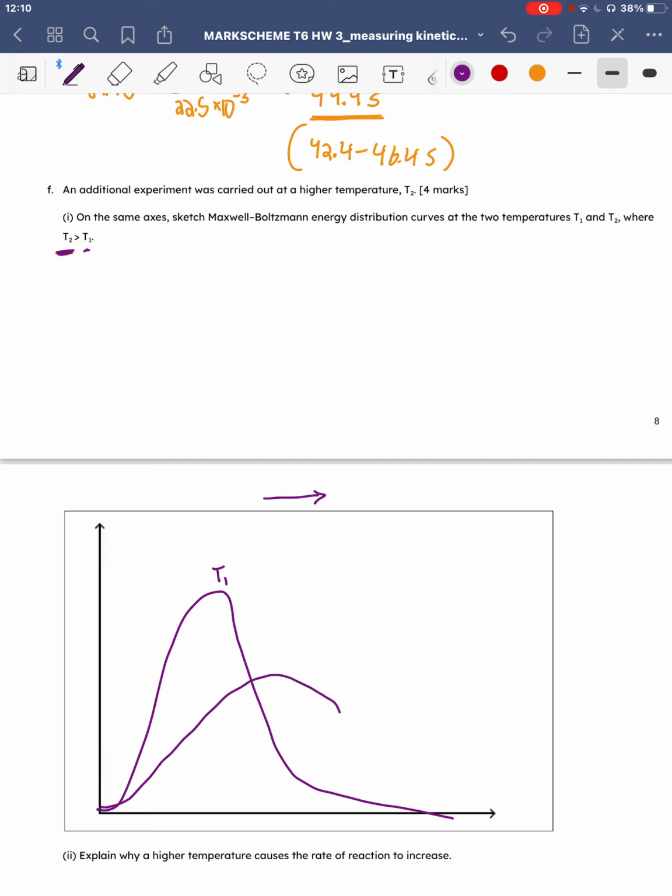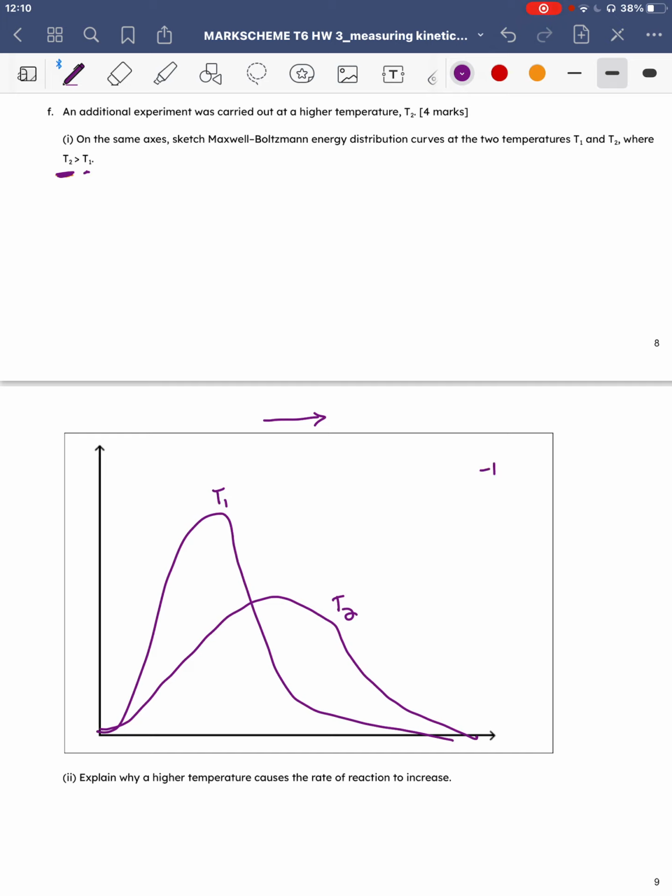So it should look something like that. Not the prettiest, but something like that. In order to get the point, the T2 peak needed to be lower, and the T2 peak needed to be to the right of T1.